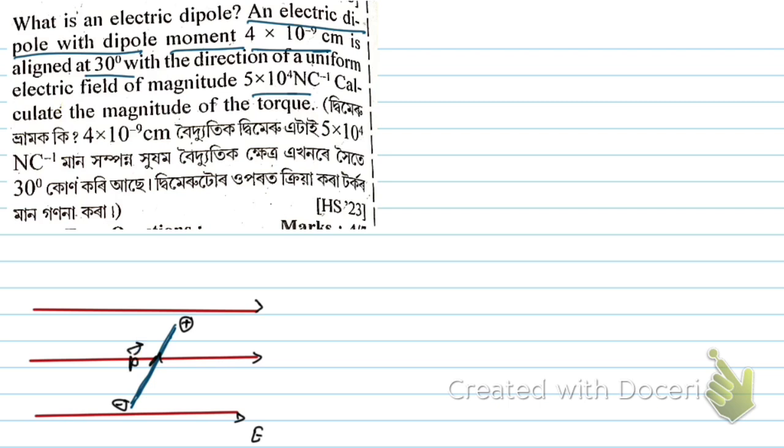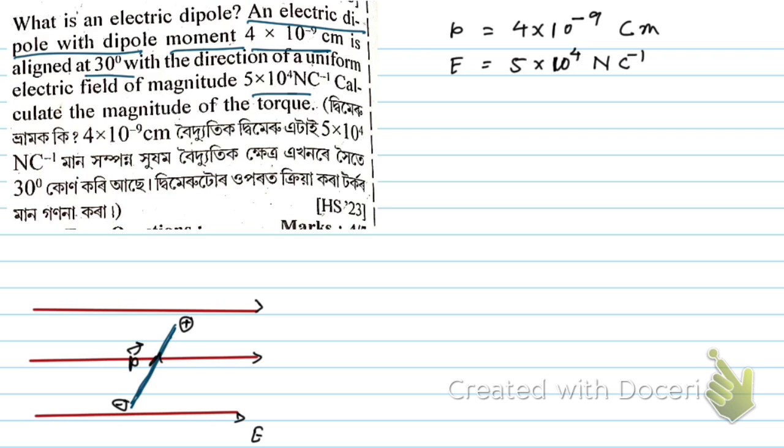So the magnitude of P is given, that is 4 into 10 to the power minus 9 coulomb meter, and the magnitude of the electric field is given, 5 into 10 to the power 4 Newton per coulomb, right?